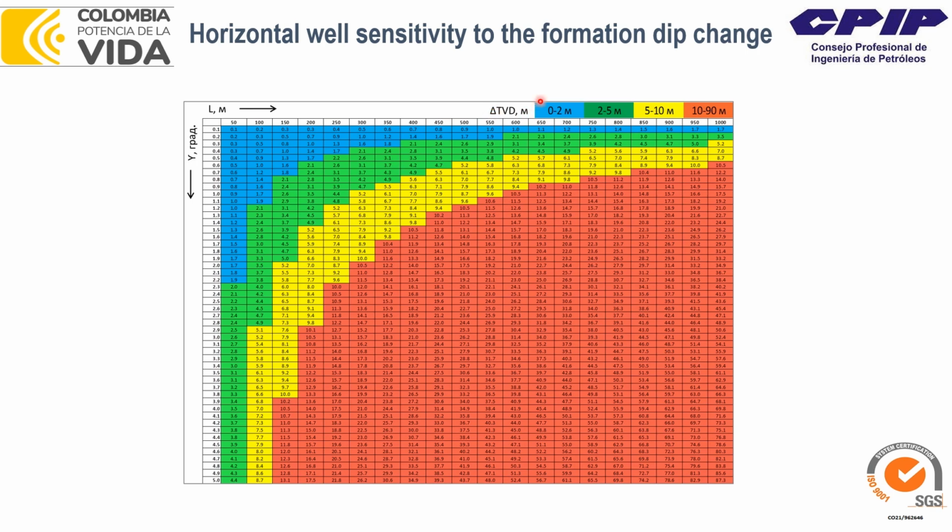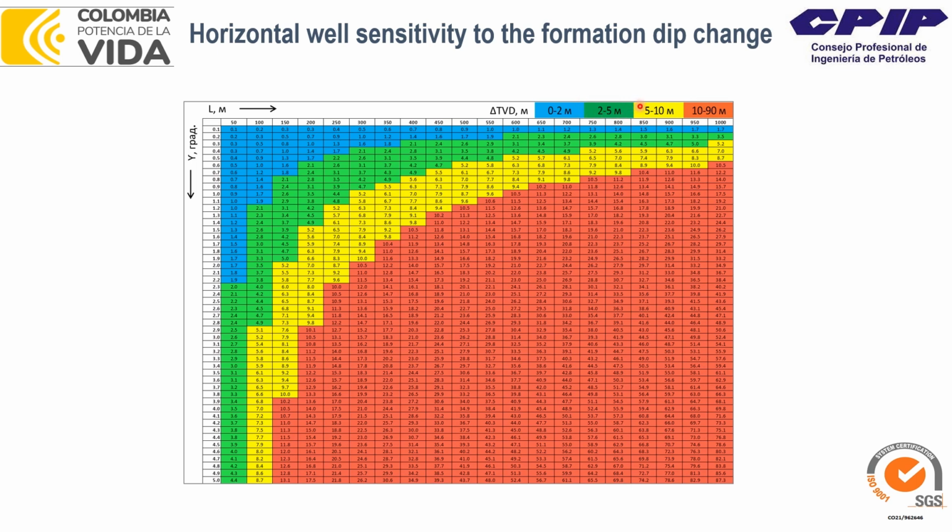Okay, so let's make the gradation. Let's say if we have sensitivity less than 2 meters, we will color it in blue. So it's kind of the minimum sensitivity and fairly acceptable. If we have sensitivity from 2 to 5 meters, it's already significant, but it's still okay. We're going to color it in green.